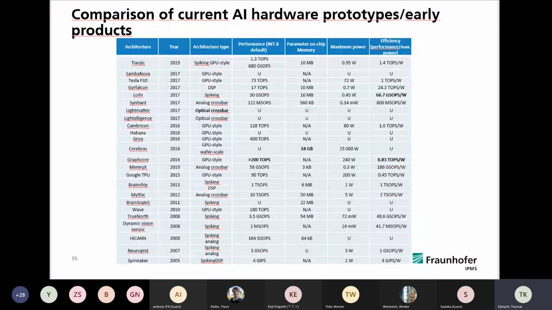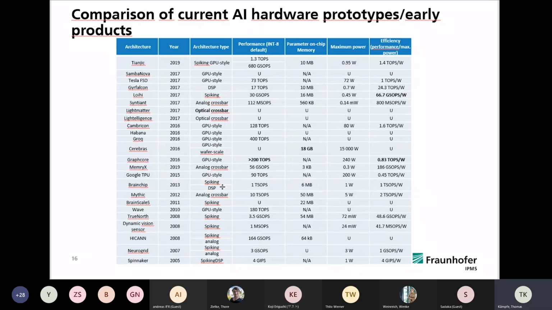Here I want to give a comparison of the current AI hardware prototypes or early products we see so far. There are implementations which still rely on GPU implementations. Some are working on analog crossbars and feature particularly high energy efficiency values.